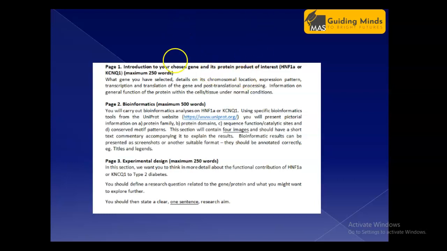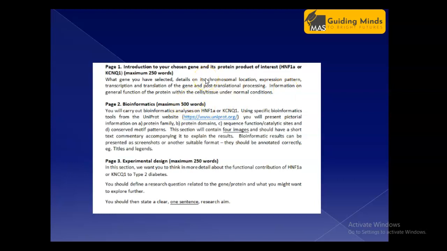So the question is asking what gene you have selected, detailing the chromosomal location, expression patterns, transcription, translation, post-translational processing, information on general function of protein within the cell tissues under normal condition.